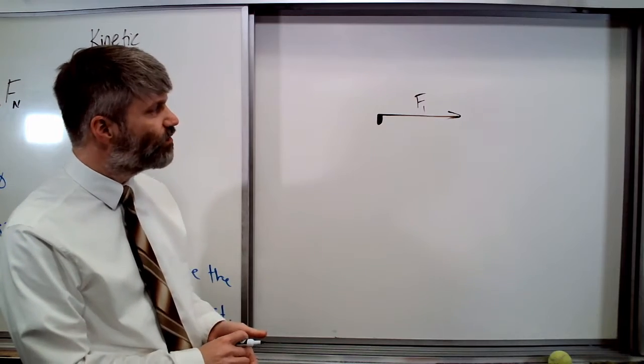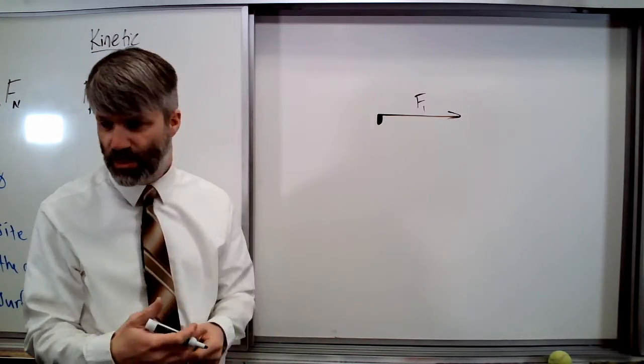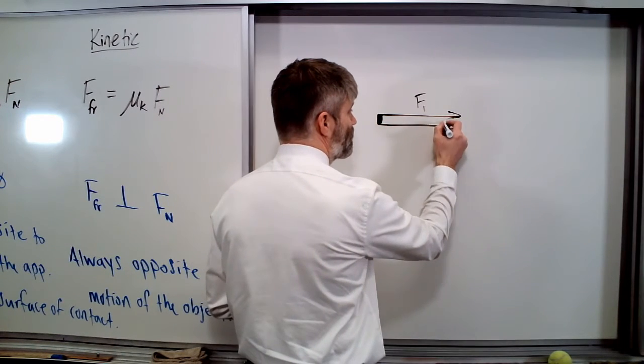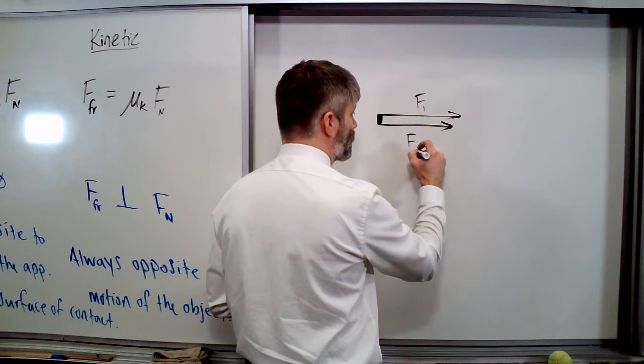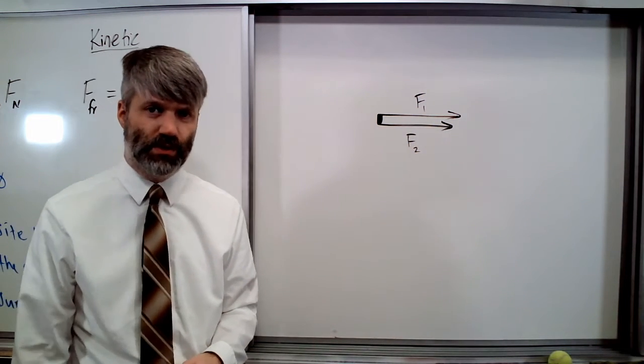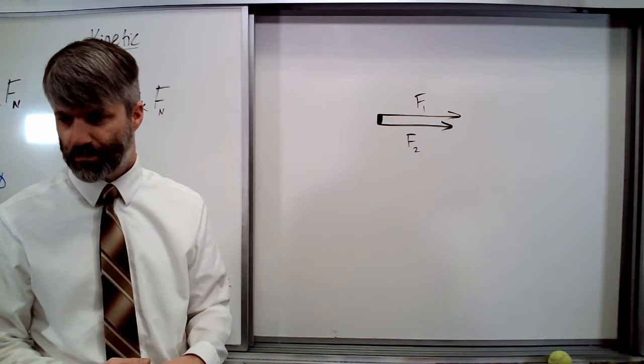Now notice that one of them is pushing and one of them is pulling, but on our free body diagram, they are both going to be coming from the object like so, and looking like that, even though one is a push and the other is a pull. This is the essence of a free body diagram.